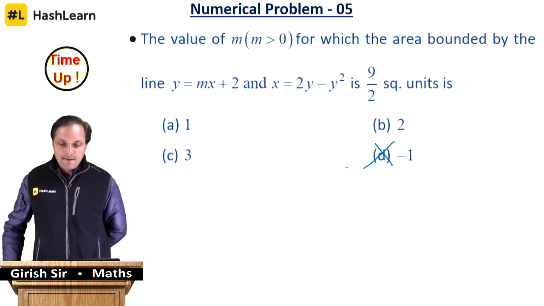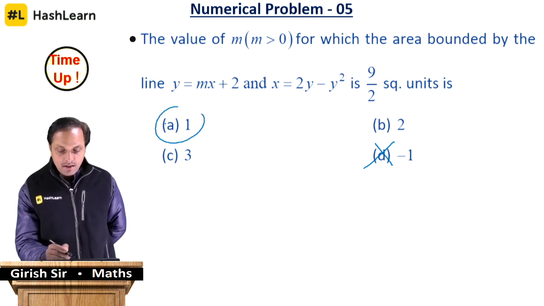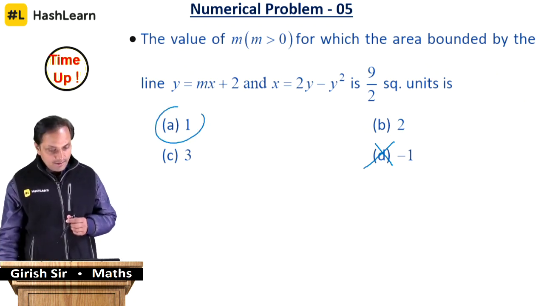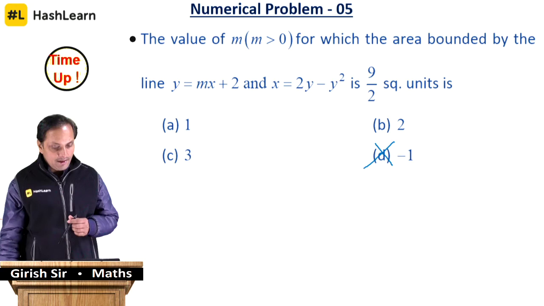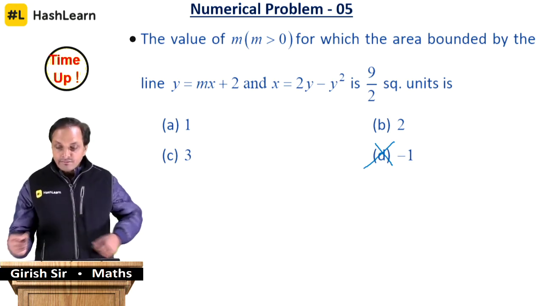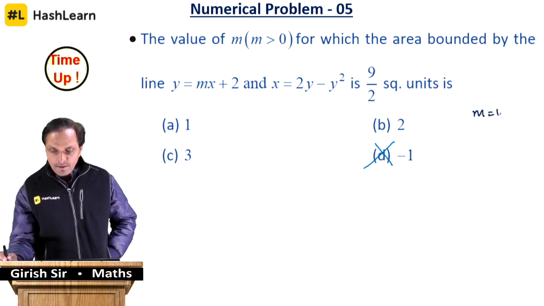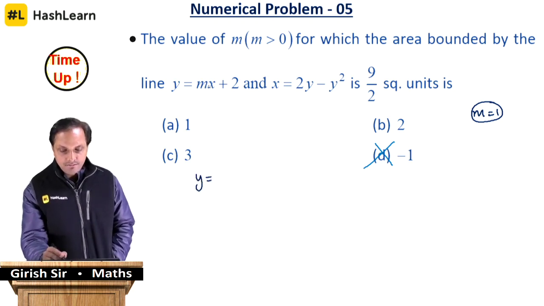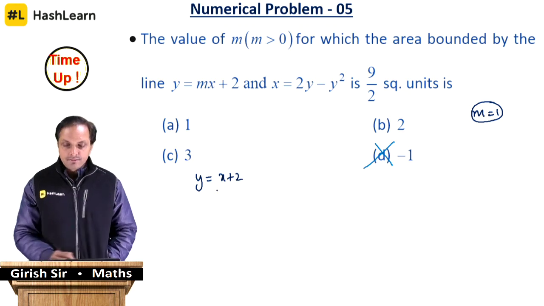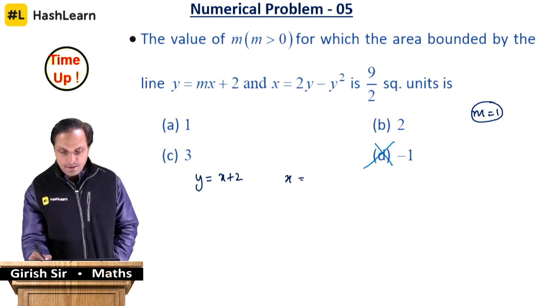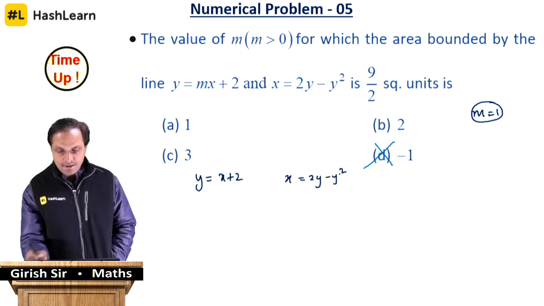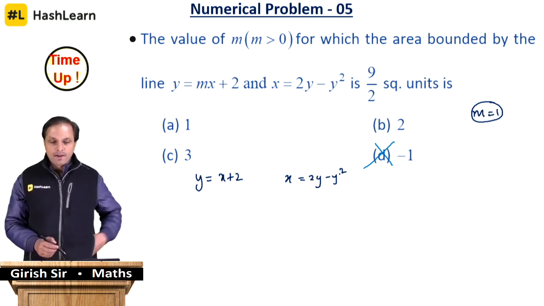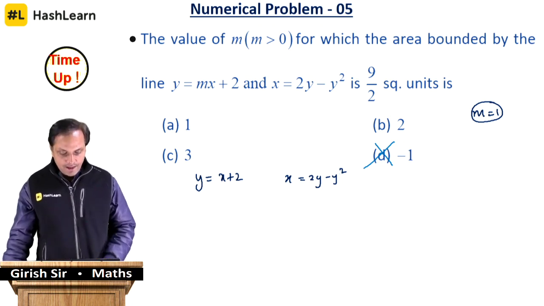Suppose you assume the value of m as 1, so what will be your answer? So y is equal to x plus 2, and x is equal to 2y minus y square. So how will the graph of this look?